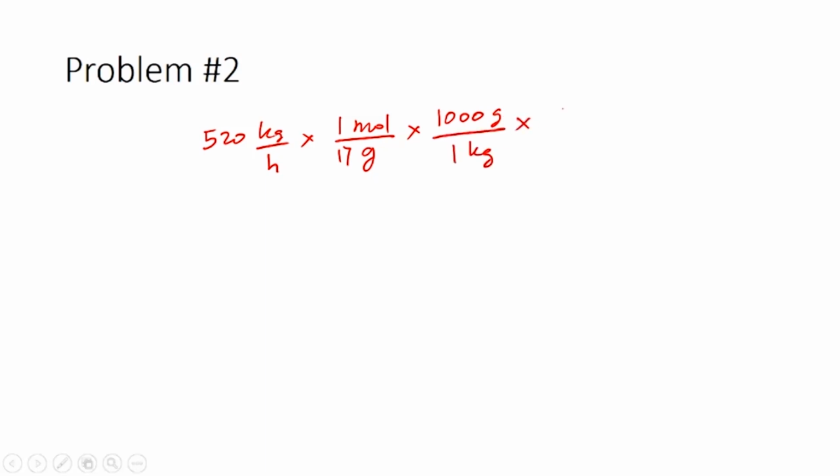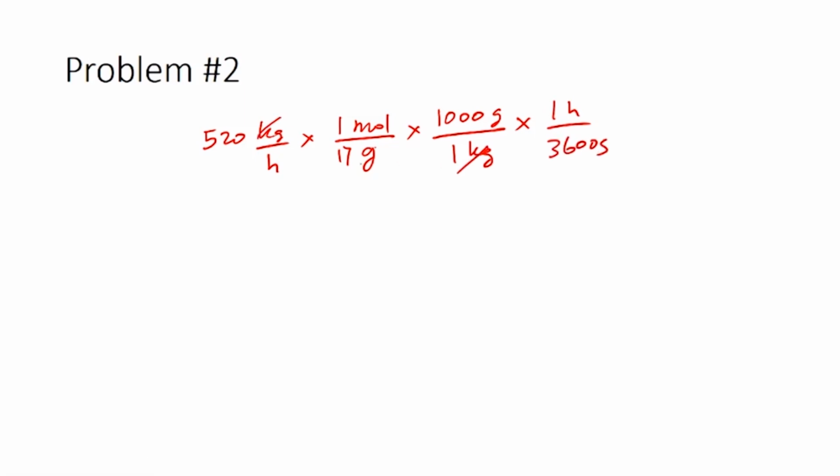So, this would be 520 kilograms per hour, using the molecular weight of ammonia, which is 17 grams per mole. So, you would have 1 mole weighs 17 grams, and we can convert kilograms to grams using 1000 grams present in 1 kilogram, times 1 hour contains 3600 seconds.